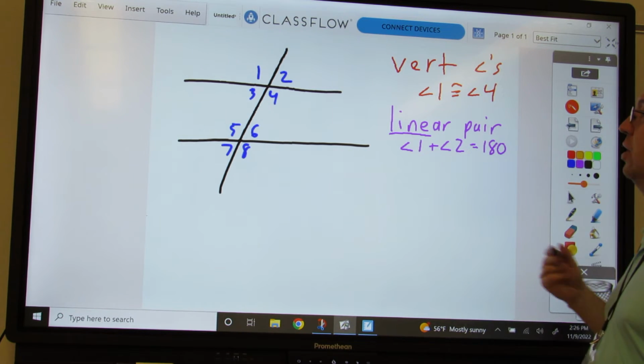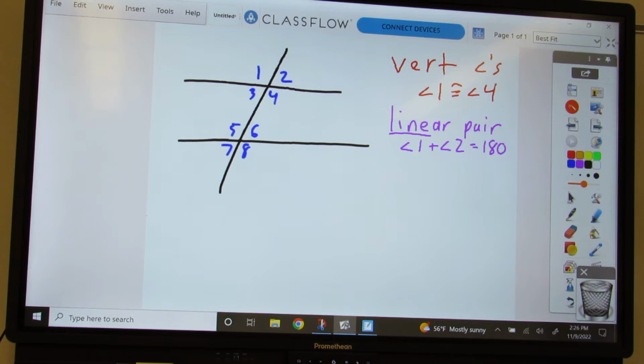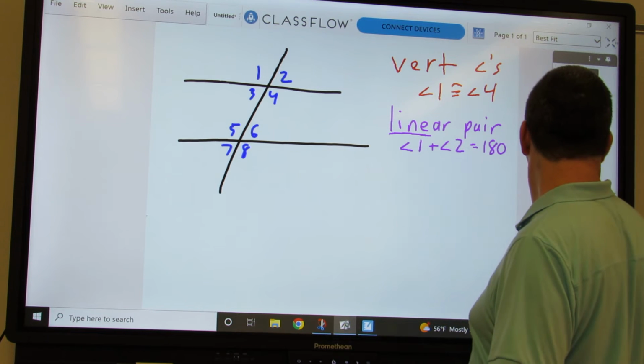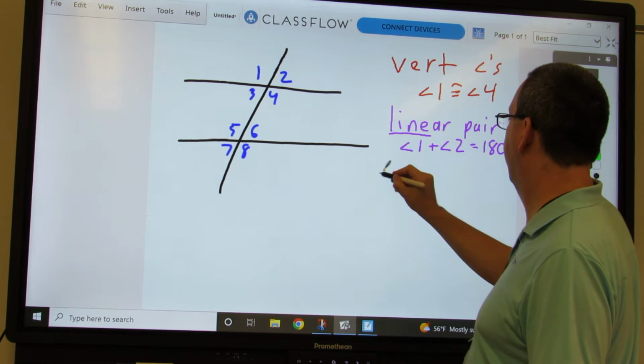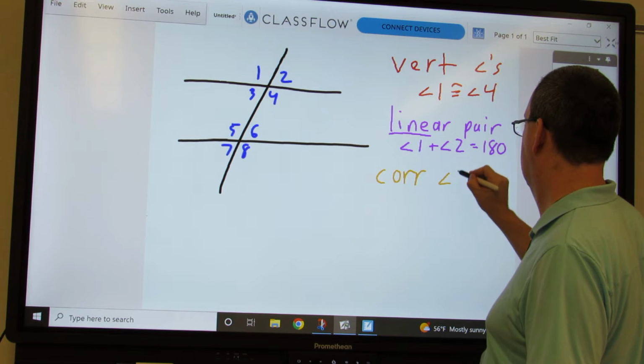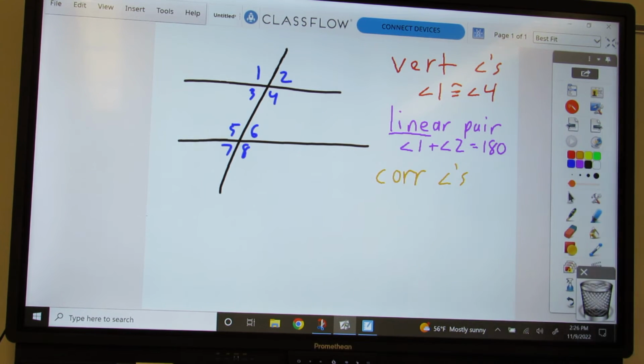So then we have the ones that we've added in chapter 3. So our first is corresponding angles. Corresponding angles are in the same relative position.